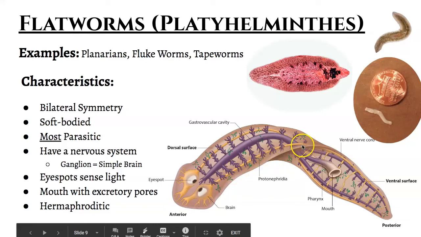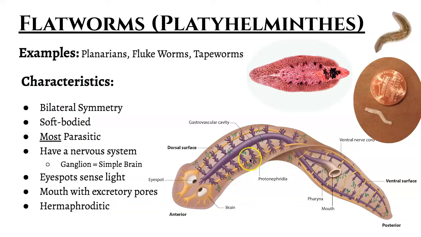In other words, they're going to have ovaries and the testes, and when two flatworms meet, they will fertilize each other's eggs, and that way you're able to reproduce more organisms at a faster rate.